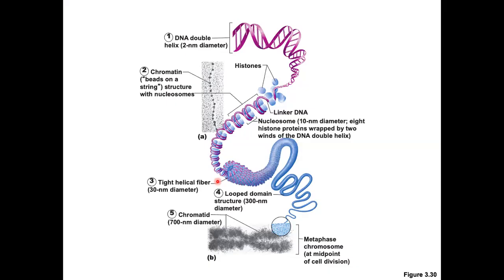Okay. When the cell gets ready to divide, the DNA goes from chromatin into chromosomes. Okay. So the bottom picture. Letter A is chromatin, letter B is chromosomes. How are chromosomes different? Chromosomes are super coiled. Okay, they're really tightly coiled.